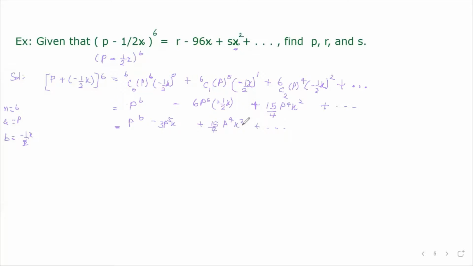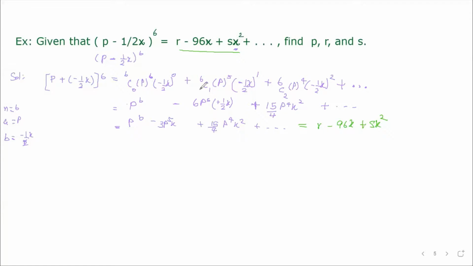Okay, from this one, you can see the question says this is equal to this, right? So from this step, I can write down the whole thing equal to this side, r minus 96x plus s x to the power 2. Now we compare to get the coefficients, this identity.